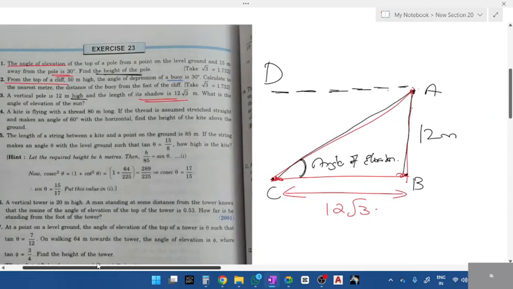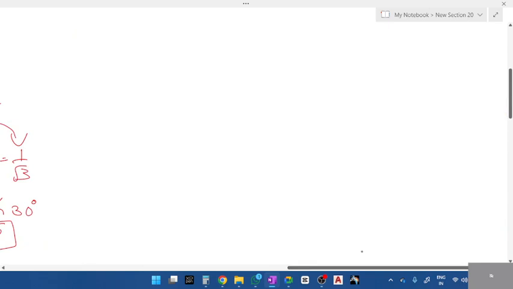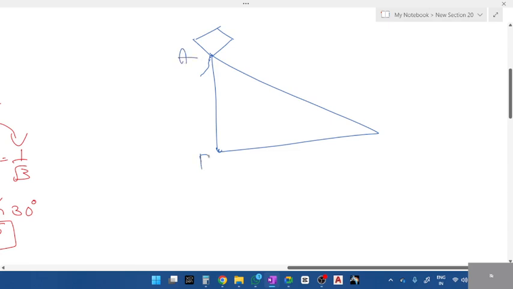Kite is flying. So which one will be the thread of the kite? Will the kite fly always in the straight direction? Because of wind, it will deviate right and left. So which one will be the thread here? A is the kite. AC or BC, which one will be the string? AC, the string is AC.